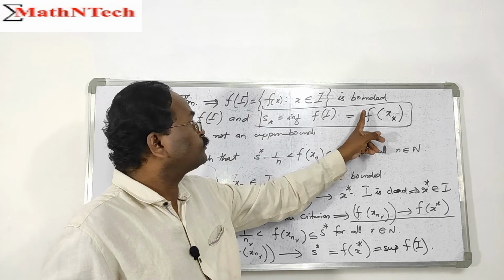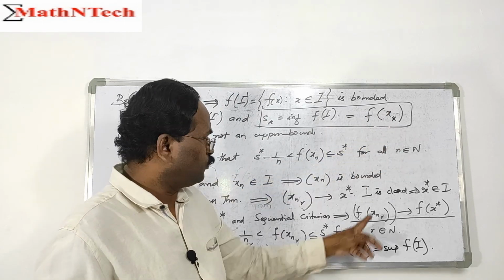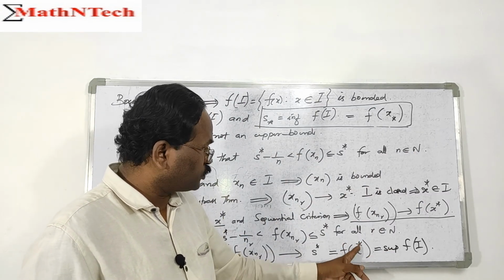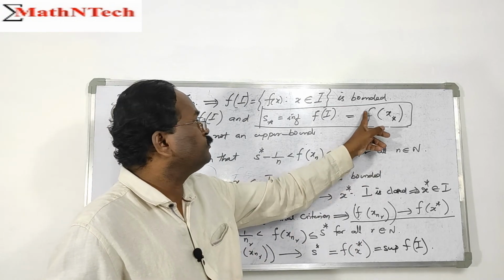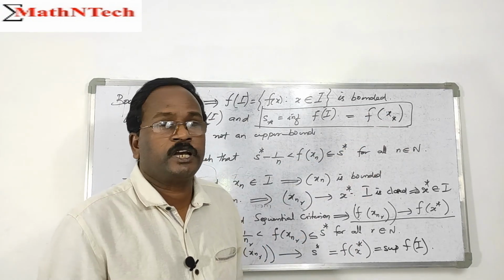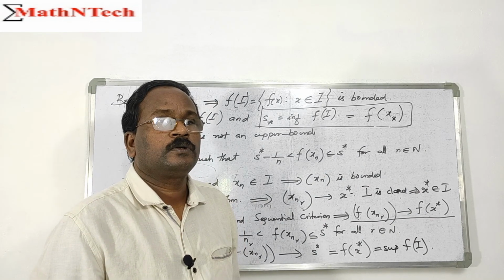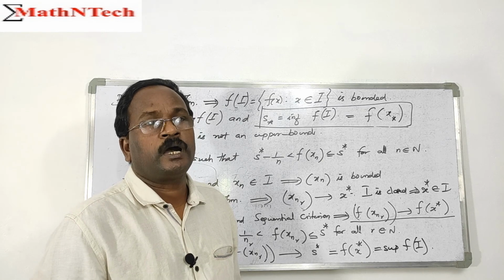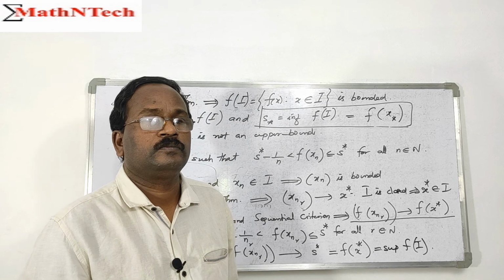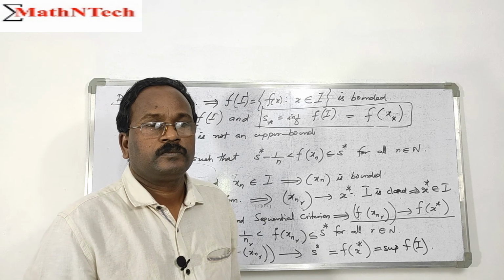So we proved f has an absolute maximum value at x star and an absolute minimum value at the corresponding point. Hence the function f has an absolute maximum value on I and an absolute minimum value on I. Okay, thank you.